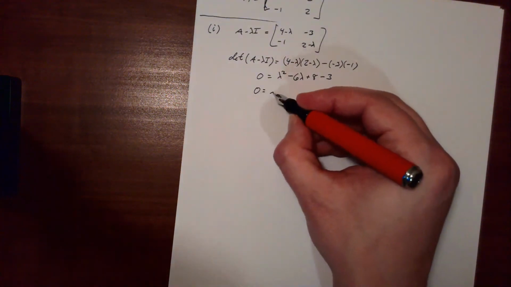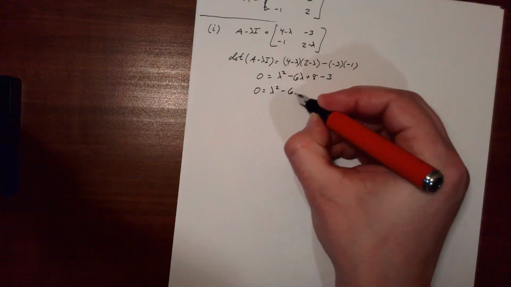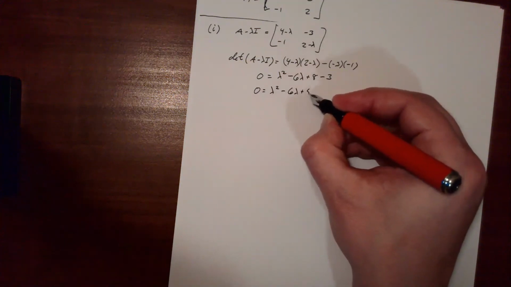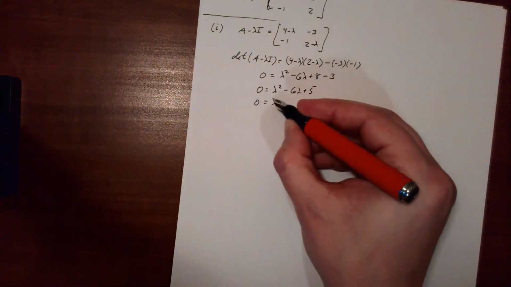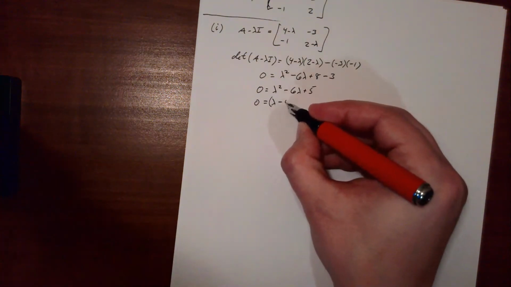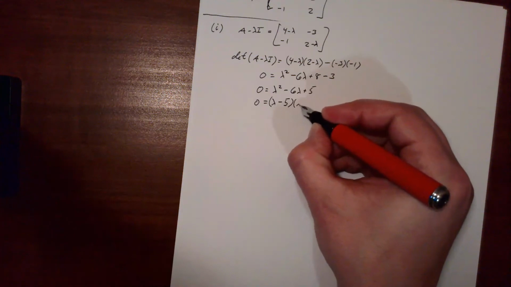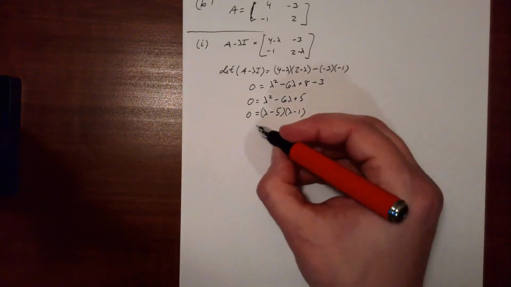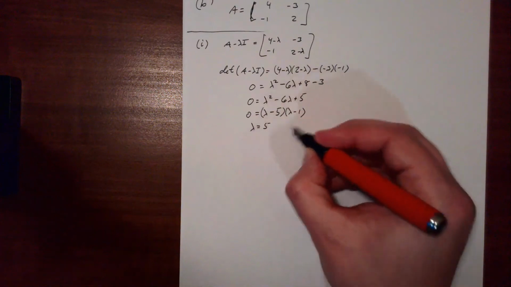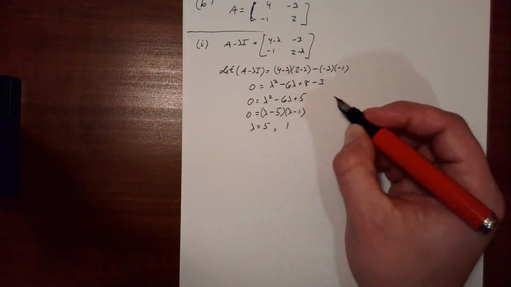We get lambda squared minus 6 lambda plus 5. So then we can factor lambda minus 5, lambda minus 1, which then leads us to lambda equals 5 and 1.